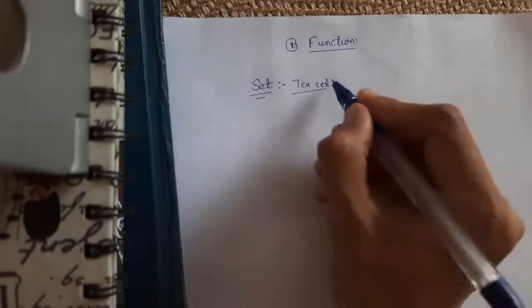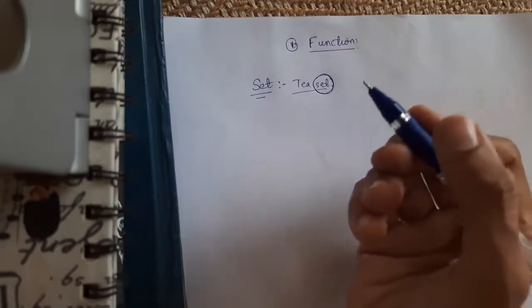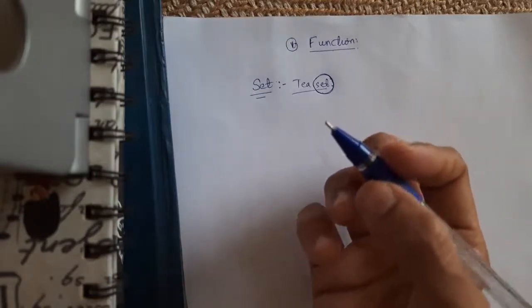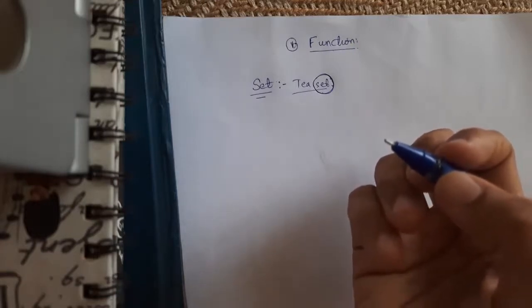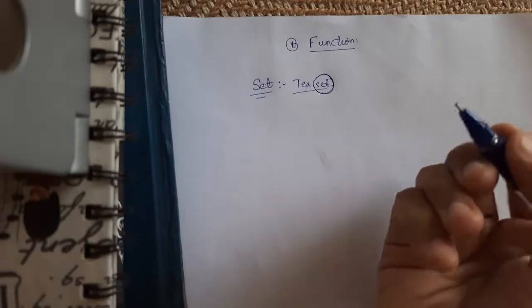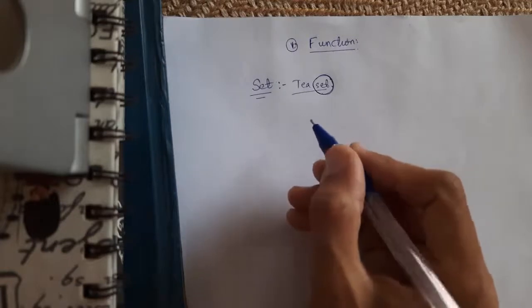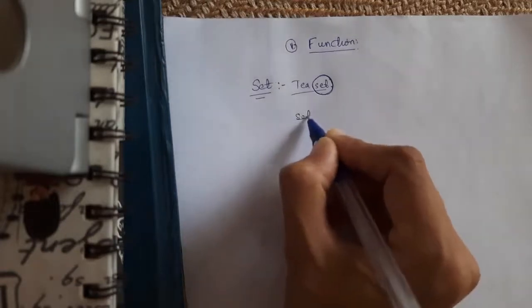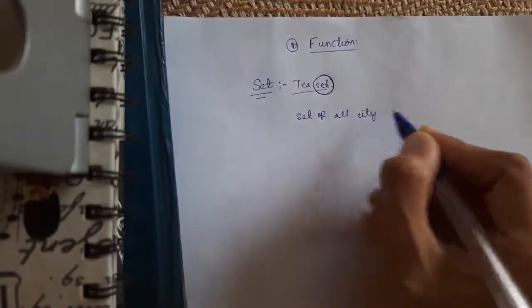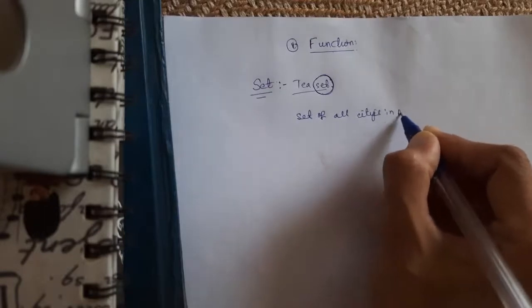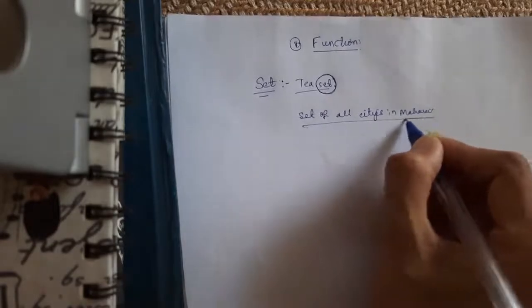So a set is something which shares some common feature, or which has some common characteristic, or they have some relationship between them. That's why we call them a set. So for example, suppose the set of all cities in Maharashtra.